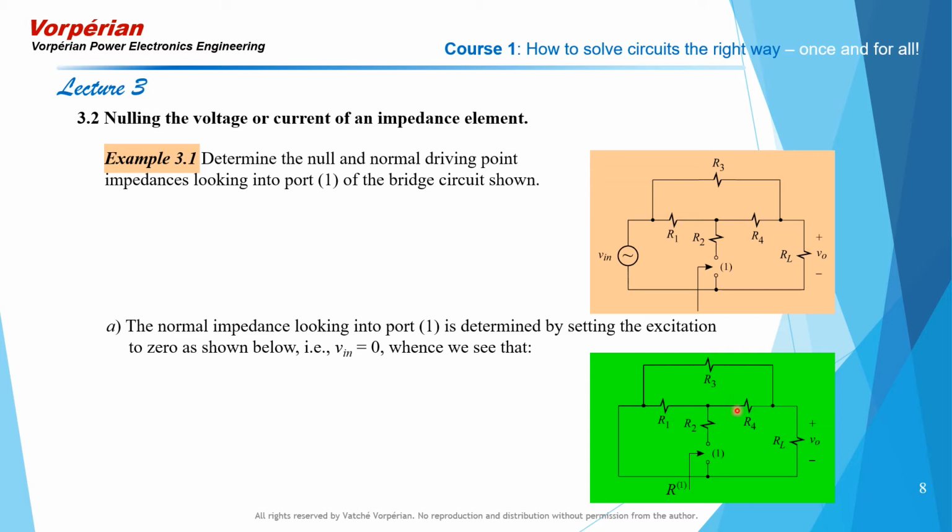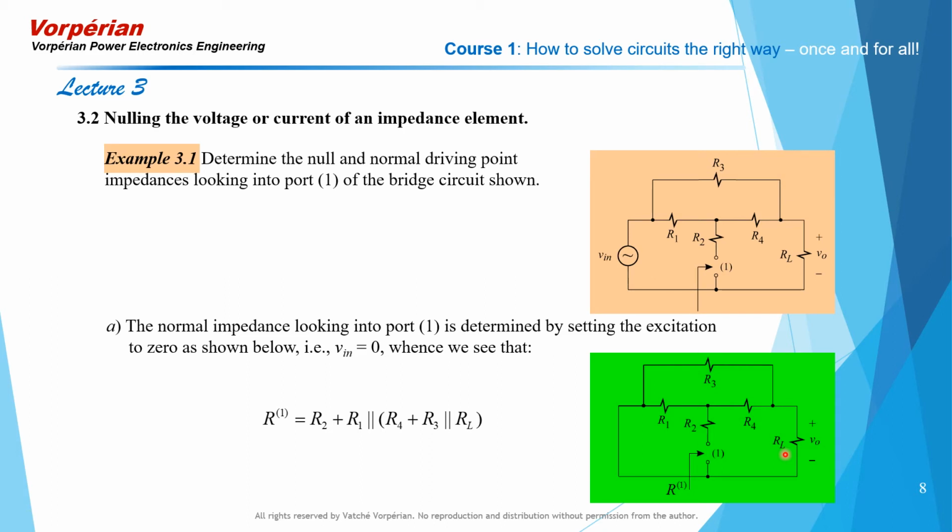Walking back, you have R4, and at this node here, because we've shorted this one down to ground or return, R1 is connected between this node and ground. So it is quite clear that R1, the ordinary impedance looking into this port 1, is R2 plus R1 in parallel with R4 plus R3 parallel RL. It's something you can write by inspection.